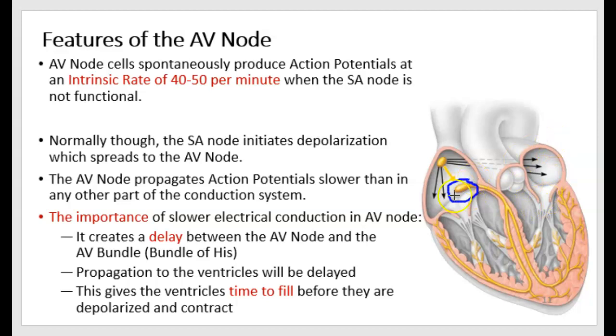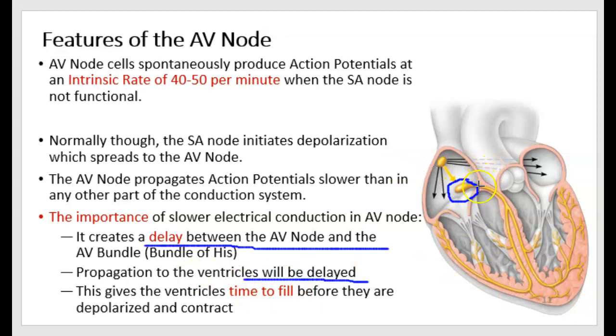Well, the importance of slowing conduction at the AV node creates this delay so that the propagation to the ventricles will be delayed. Why do we want that?